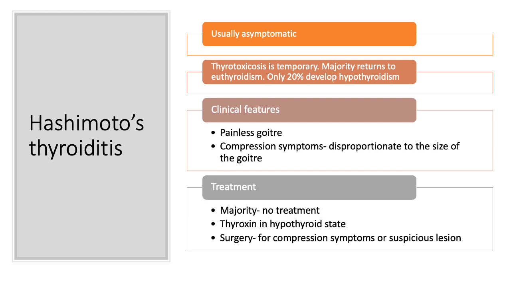The compressive symptoms are disproportionate to the size of the goitre. If we consider the treatment, Hashimoto's thyroiditis does not need any treatment in the majority of cases. But if the patient develops hypothyroidism, it should be treated with thyroxine. Surgery is reserved for compressive symptoms or suspicious lesions.